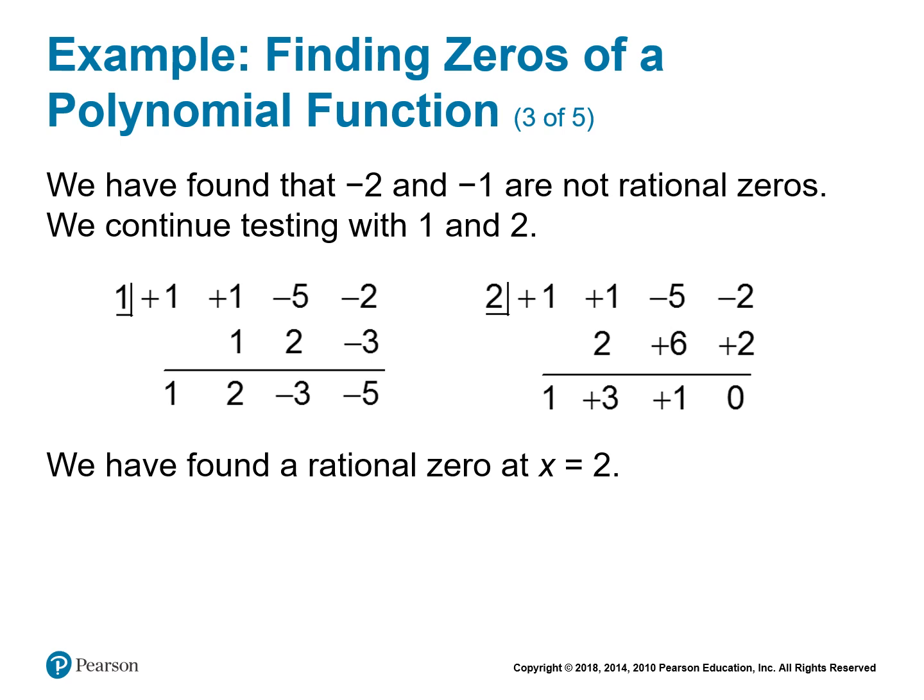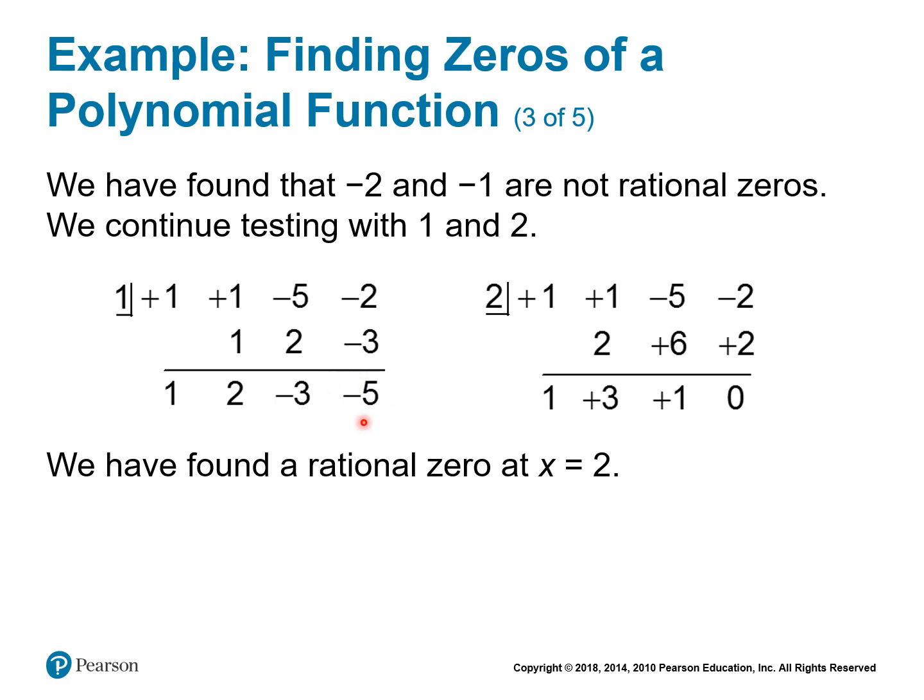Here we are performing the synthetic division by the remaining two possible zeros, 1 and 2. We have found that -2 and -1 are not rational zeros because they didn't produce a remainder of 0 when we performed the synthetic division. So we had 1 and 2 remaining. We do the synthetic division by 1 and we see that the remainder is a -5.